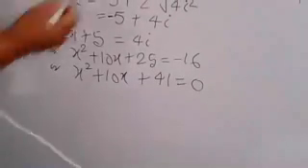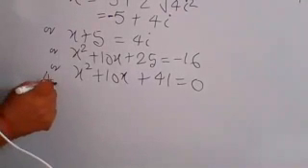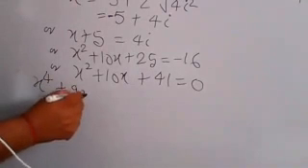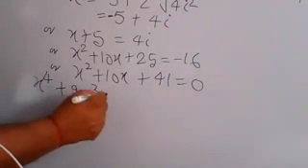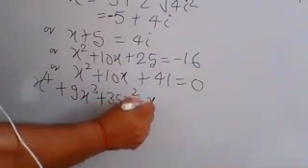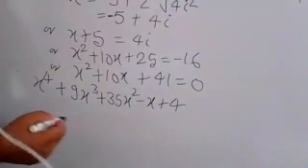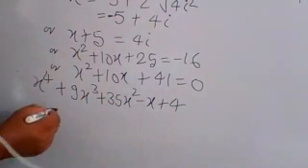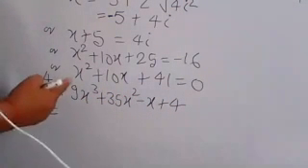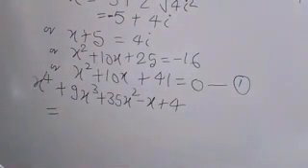Here you have to find the value of x to the power 4 plus 9x cube plus 35x square minus x plus 4. So you have to arrange the terms with the help of the given relation 1. Suppose here you have the first equation.